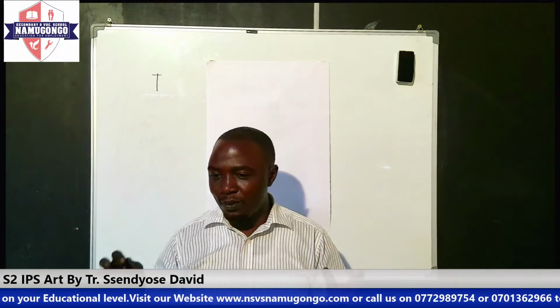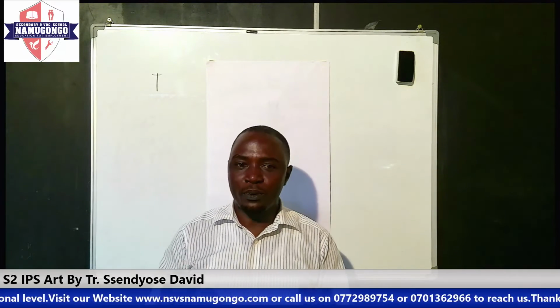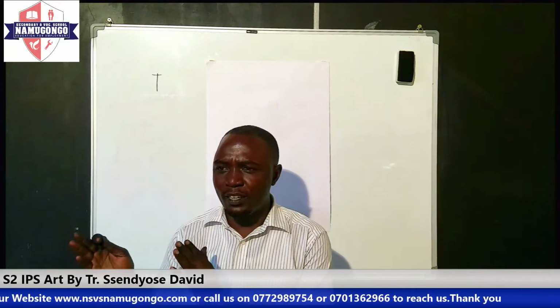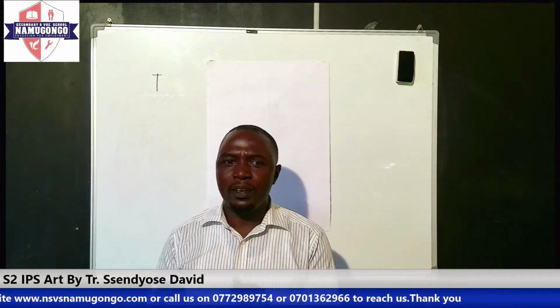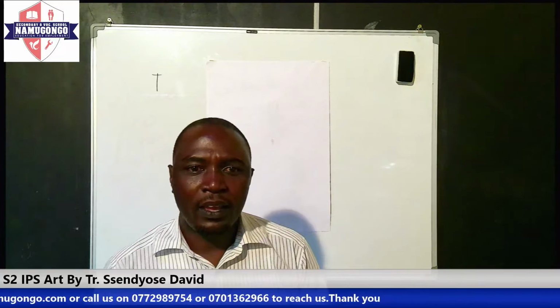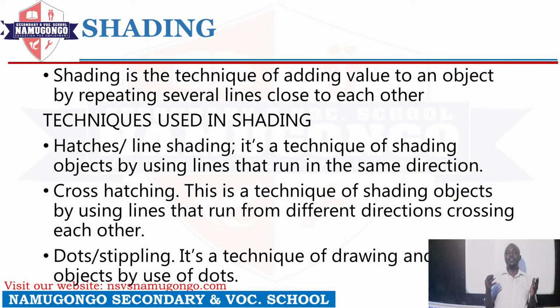Then, having looked at the definition of the term shading, allow me to proceed to the techniques used in shading. The first one is hatches. If you don't want to mention the term hatches, we can call them line shading.